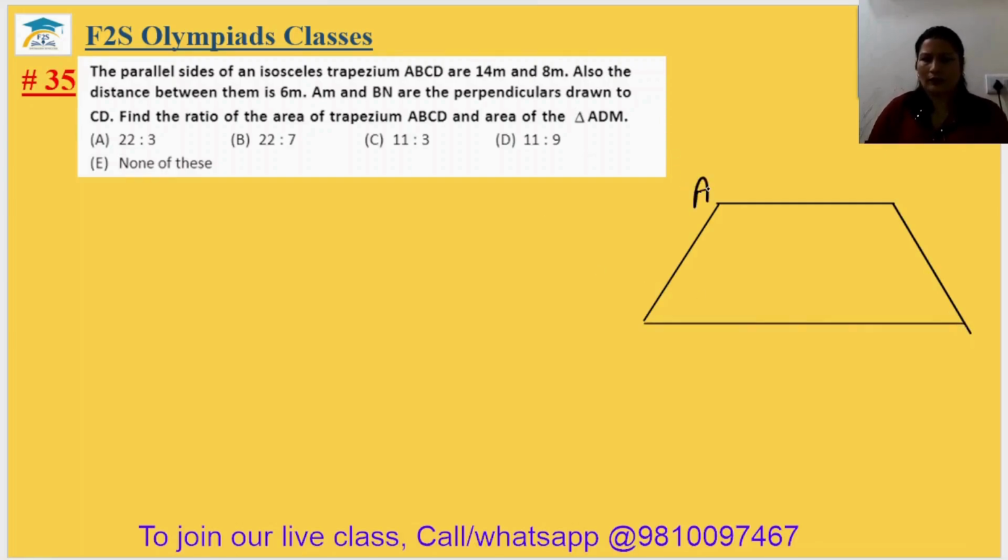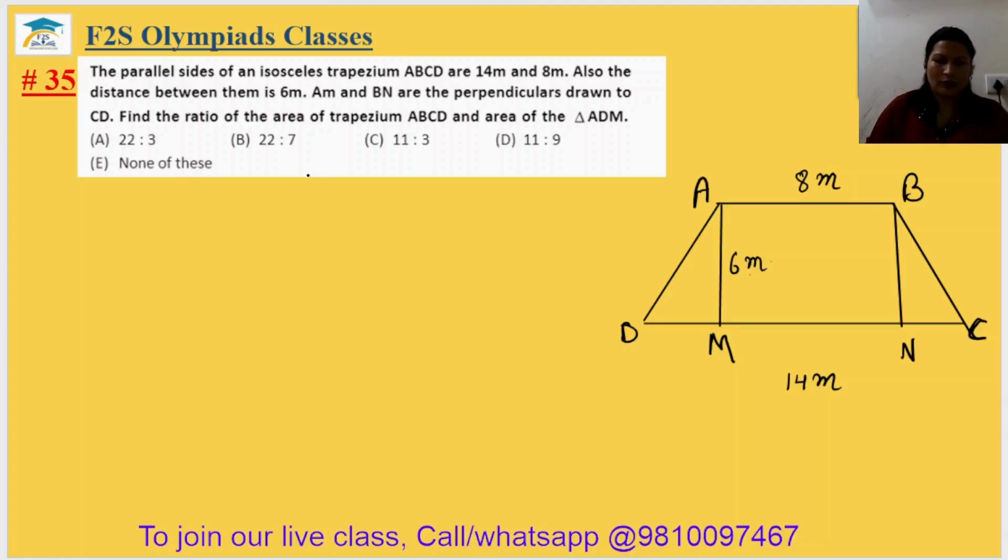A, B, C, D it is, and AM is parallel to this, BN is parallel to this. This is your M, this is your N. The sides are given. It is your 8 meter, and the big side is given as 14 meter. And this distance is given as 6 meter.